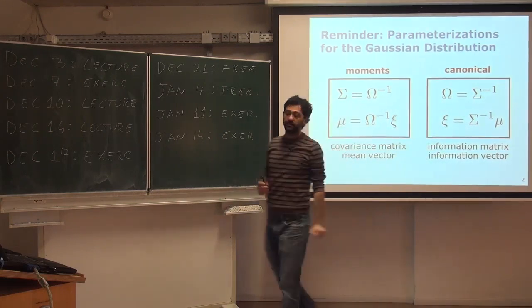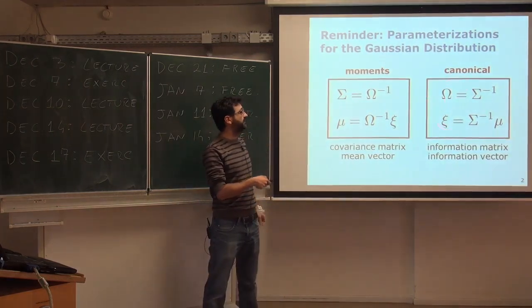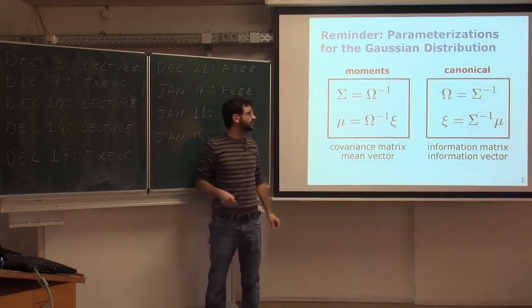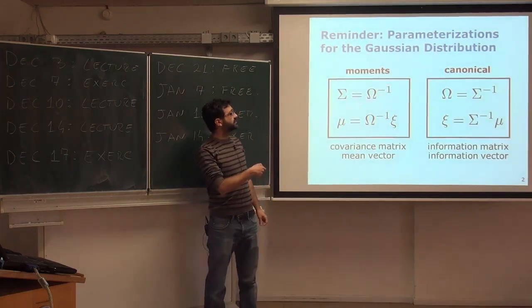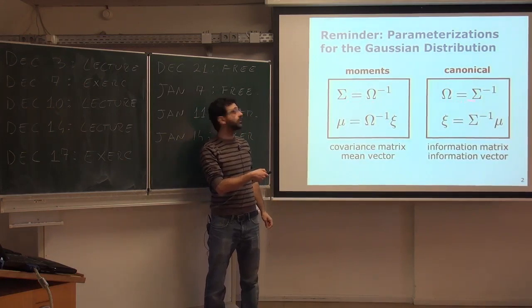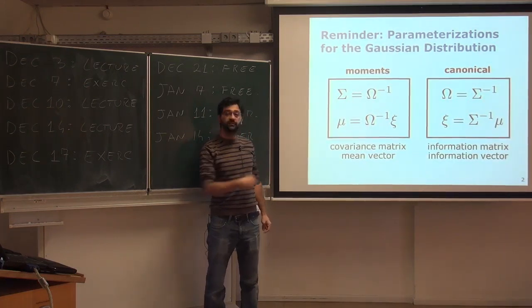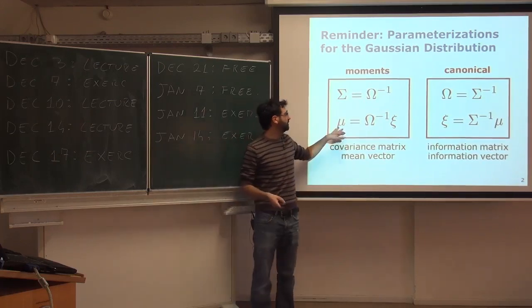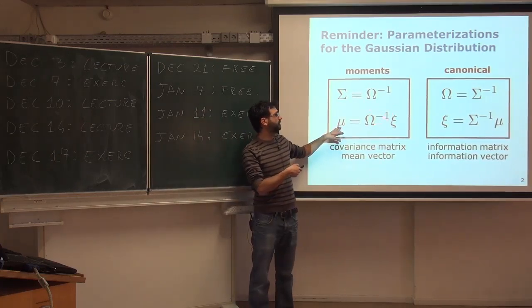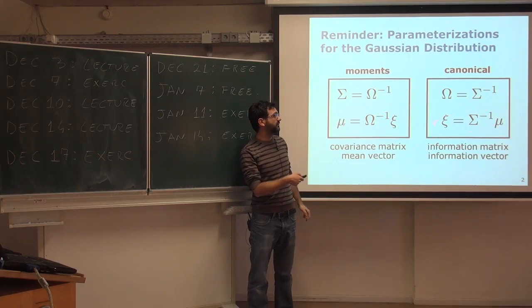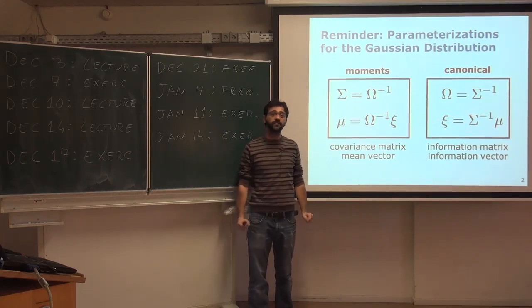Some people also call it precision matrix and precision vector, but these are just terminology. The relations between the two are quite straightforward. The covariance matrix is the inverse of the information matrix, and the mean is given by the information vector multiplied by the inverse of the information matrix, and the same thing on the other side.